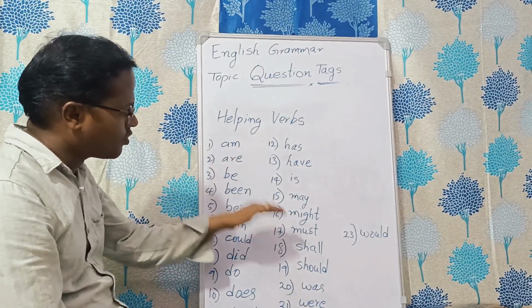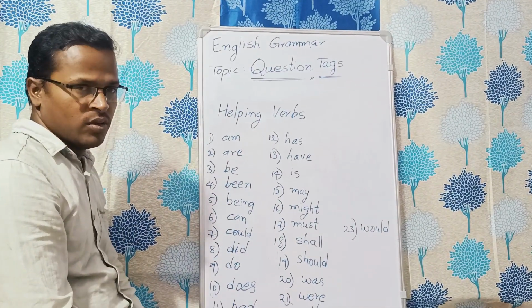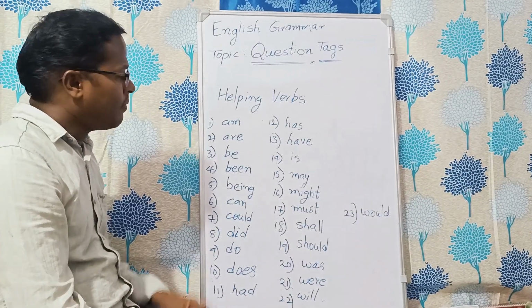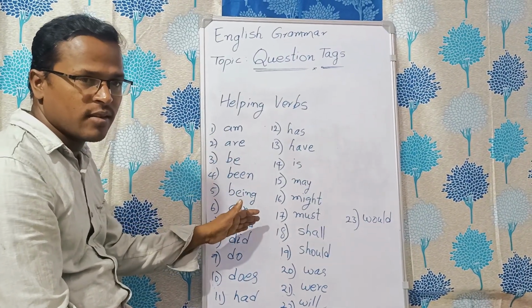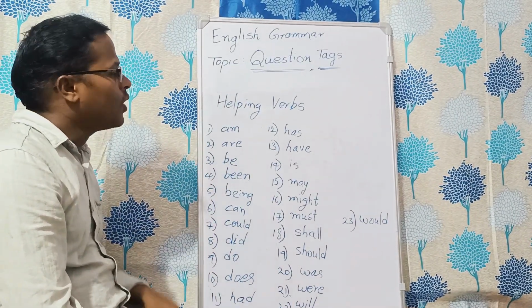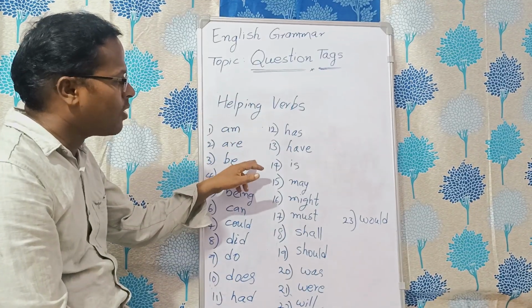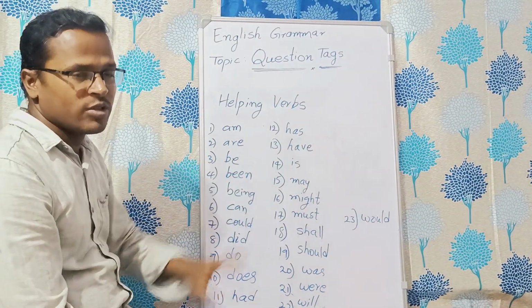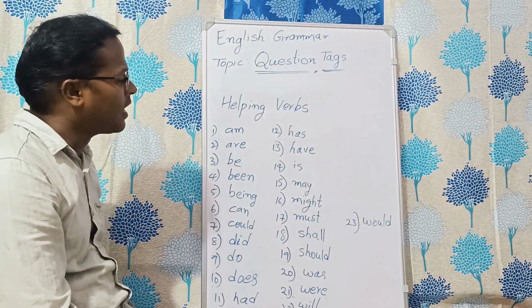These 23 helping verbs are there. If the helping verb exists in the given sentence, then you have to use the same helping verb in the question tag. You have to use the same helping verb in the question tag.